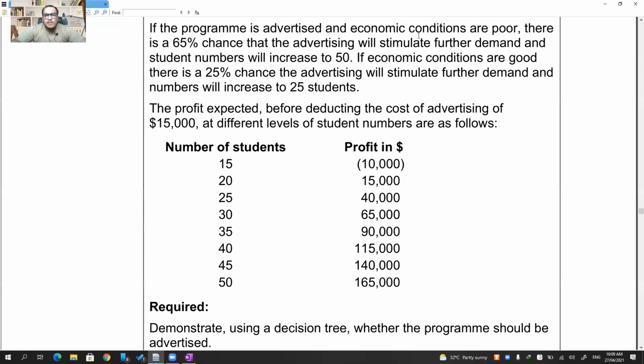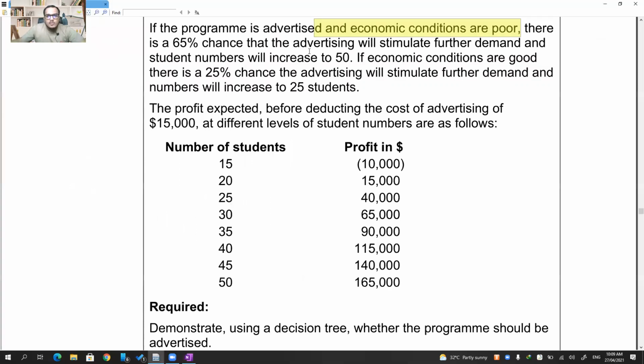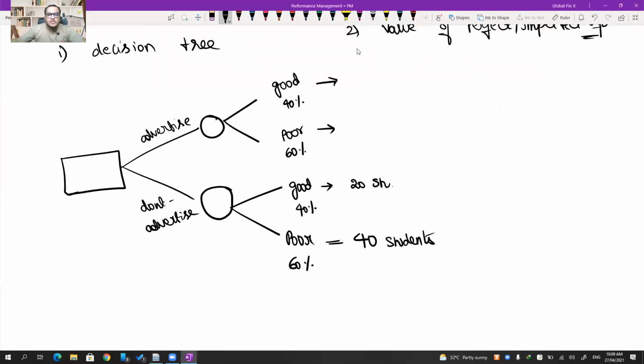If the program is advertised and economic conditions are poor, again you have two possible conditions. Economic conditions are good, which is 40% chance, and economic conditions are poor, which is 60% chance. And they're telling you that with advertisement, the program is advertised and the economic conditions are poor, there is a 65% chance that the advertisement will stimulate further demand and students will increase to 50.